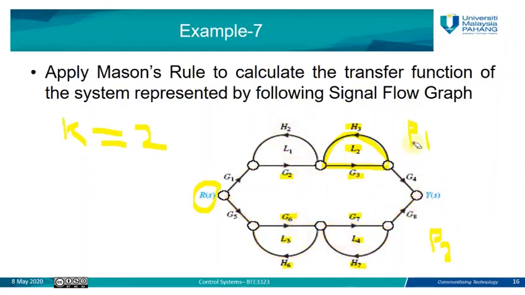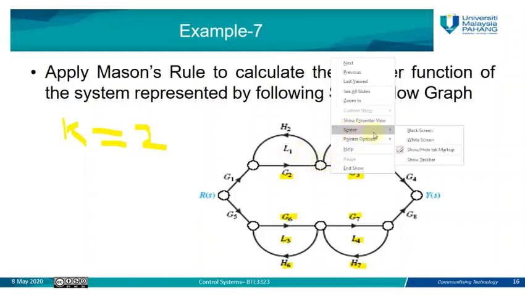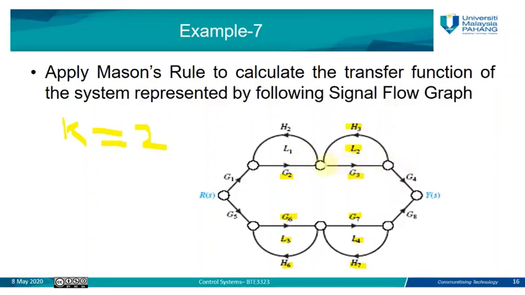We have 4 loops, L1, L2, L3, and L4, and we know the gain for each loop. Now, is loop 1 touching with loop 2? That means, is there any common node between L1 and L2? Yes, this node is common between L1 and L2. That means L1 is touching with L2. We cannot say they are non-touching.